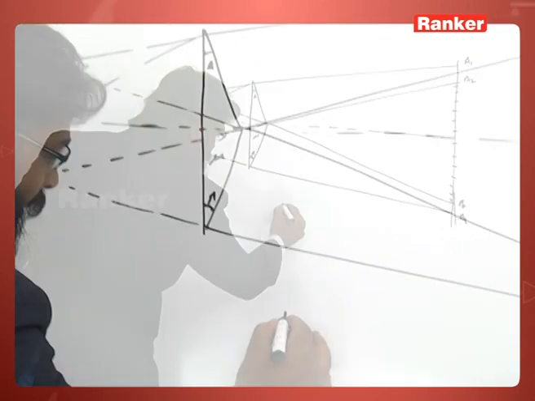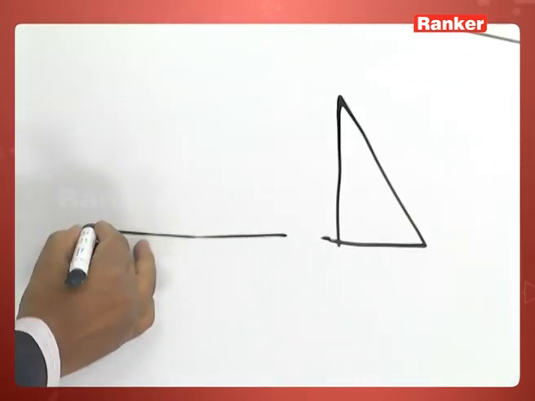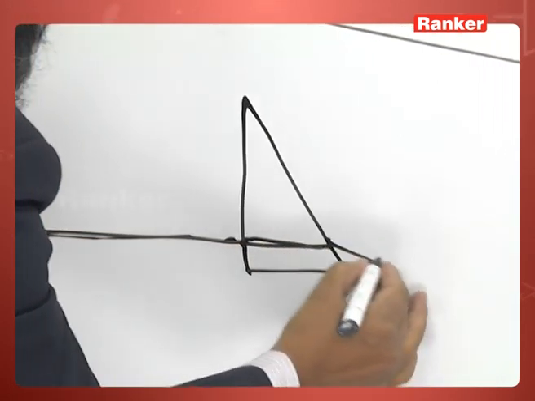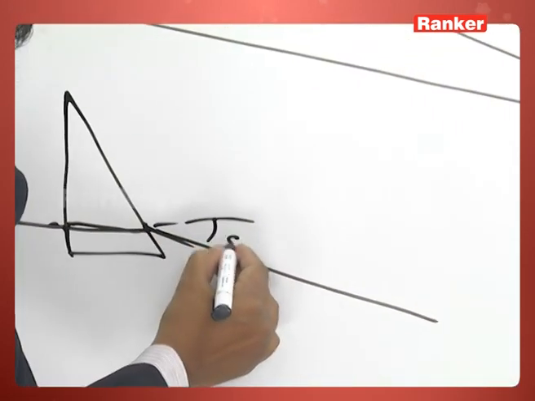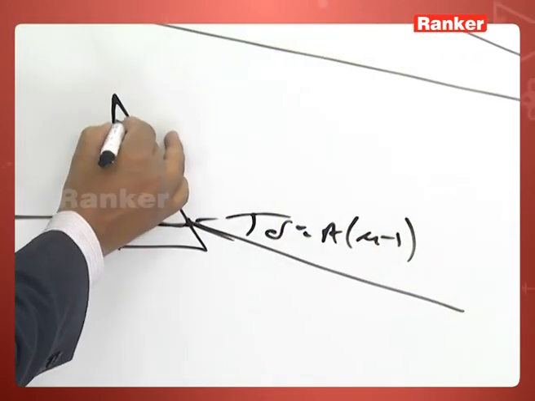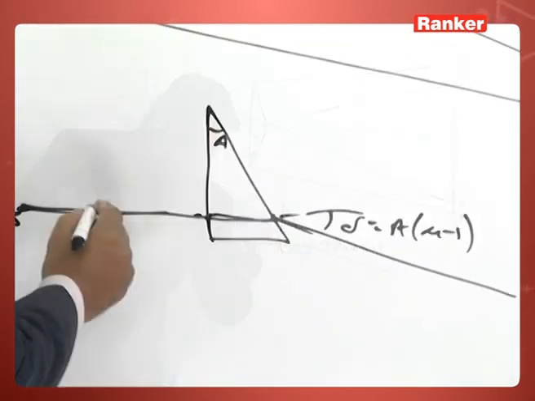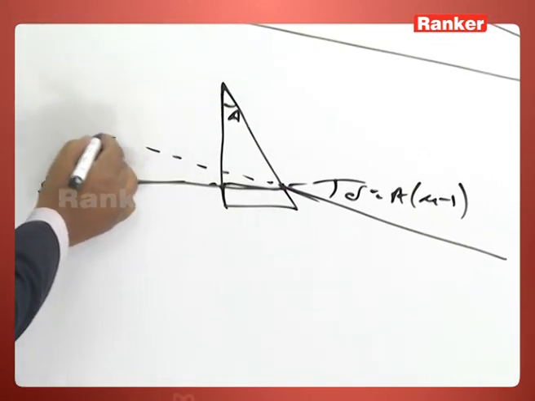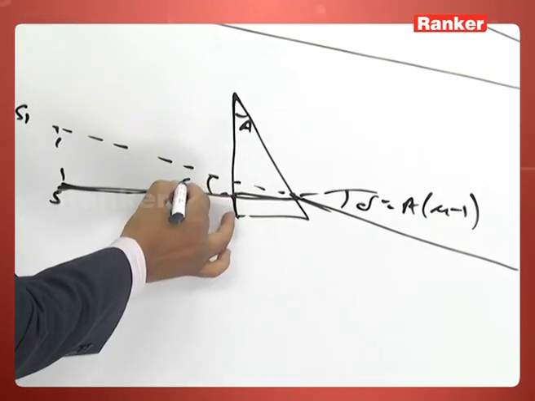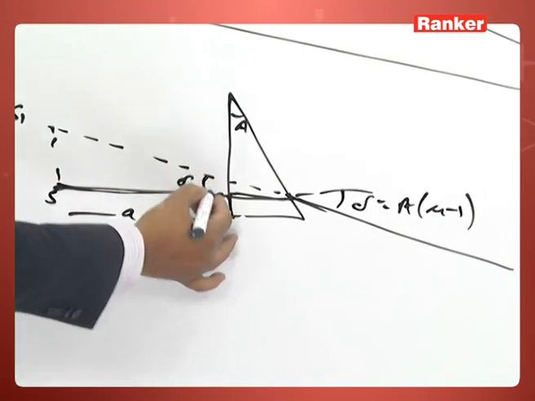We will use the idea that if we have a prism and a point source, then a ray will get deviated by a deviation equal to A(μ−1). This is the deviation formula for a thin prism. If I produce this, I get the first image S1. This angle of deviation is small.